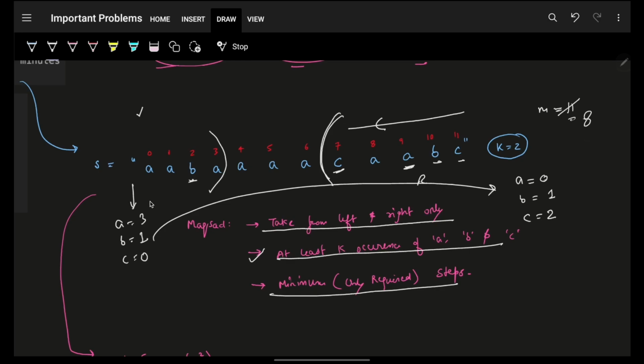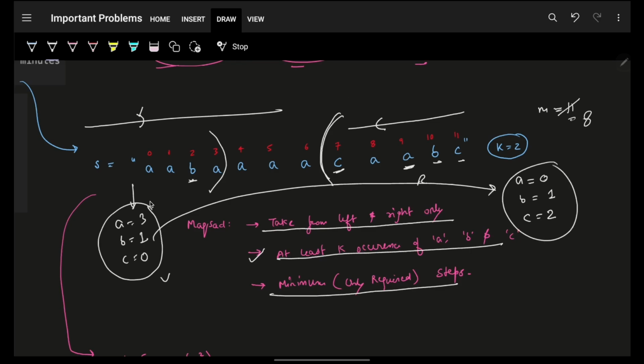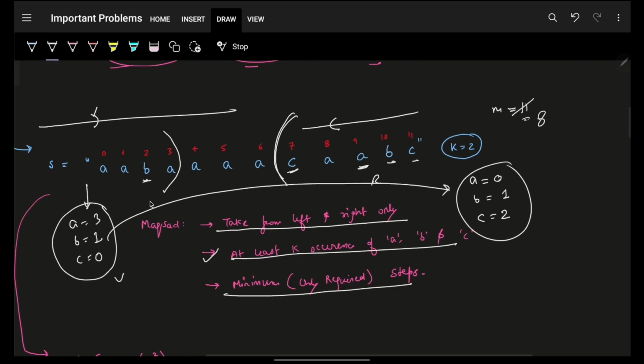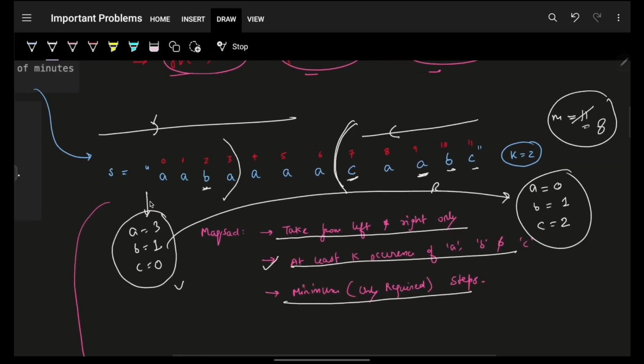So with this fact, I will just keep on iterating on the left for every configuration which I have on the left. I will try to iterate on the right side and try to satisfy my remaining condition, and will try to minimize my length. So what is the complexity here? Complexity is simply nothing but at every index, obviously I am iterating on every index on the left side.